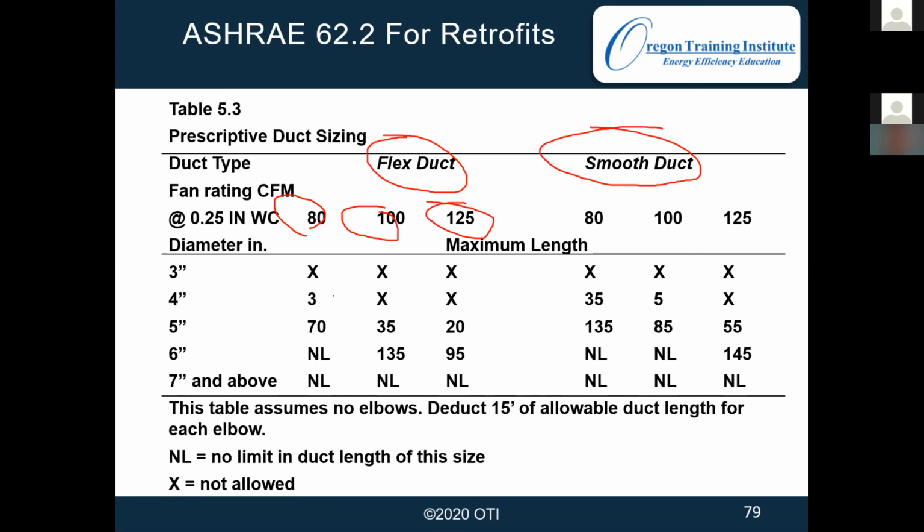If we go all the way up to 6-inch, which a lot of these newer fans are made for, then there's not any limit. Now we don't want to go crazy, but we don't really have to worry about the flow being restricted. So bigger is better up to a point.